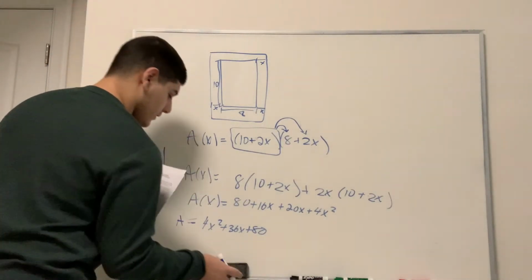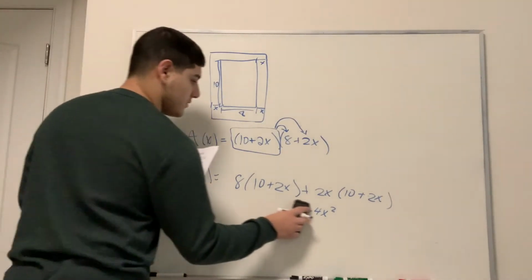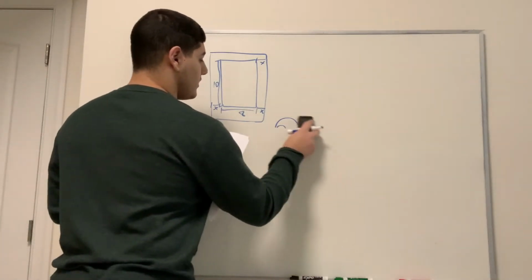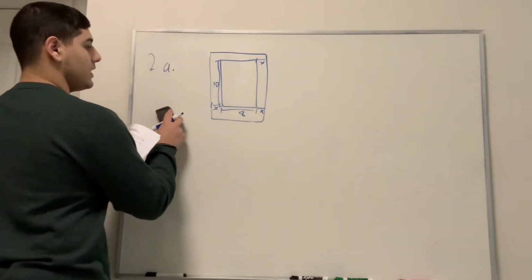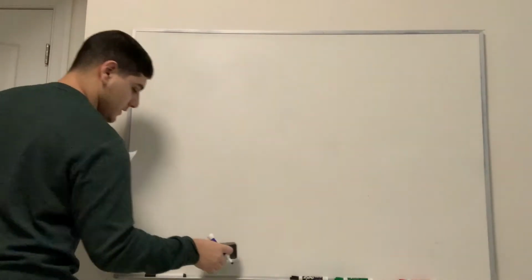So that would be in standard form. There you guys go, that's where FOIL comes from. It's the same thing as the distributive property. You're just taking one of the terms and distributing it into the other two terms.